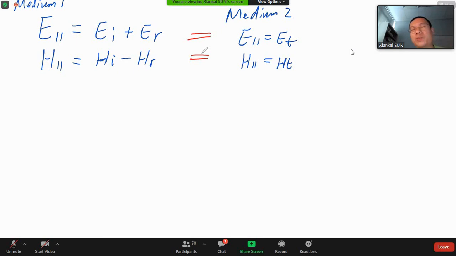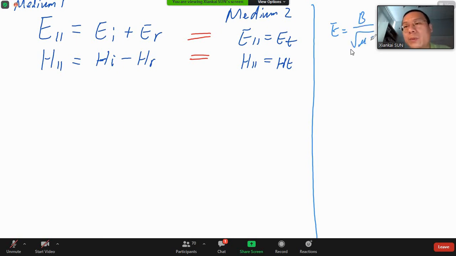On the other hand, we also need to express H in terms of E. Because B is equal to mu H, and B is equal to epsilon... so H is equal to square root of epsilon over mu times E, which gives n over mu naught times E. Right?